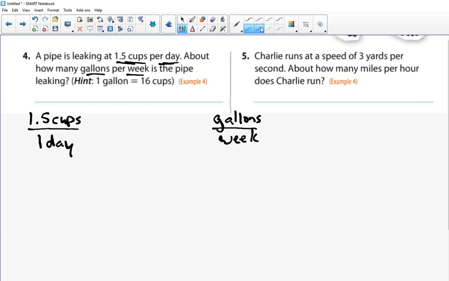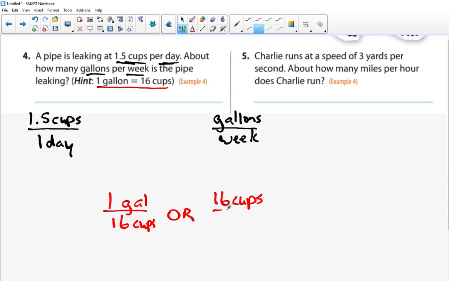If we start with this one here, it gives us a hint, so let's start there. 1 gallon is 16 cups. That's a rate, and we can write that as a fraction or a ratio. We could put this as 1 gallon to 16 cups, or 16 cups over 1 gallon, right?